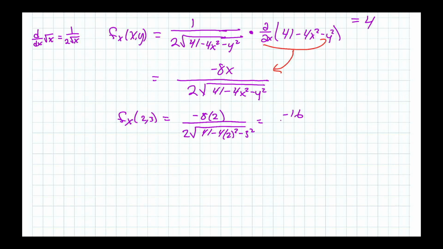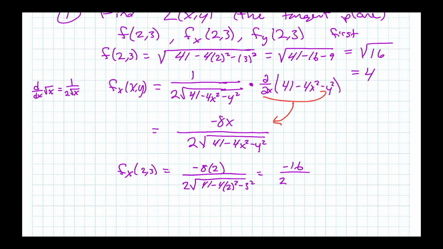So that's negative 16 over 2, and we just did that square root. This square root is the same as that square root. I know that the result is 4. So negative 16 over 8, which is negative 2. Okay, so we have this is 4, this is negative 2. And now we've got to go to the fy.